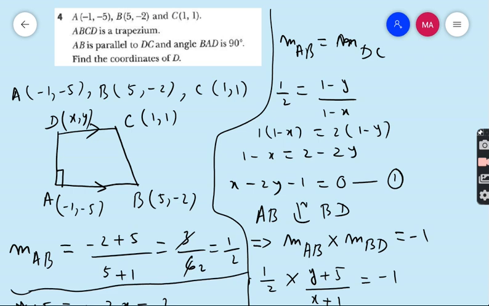So (-2 + 5) upon (5 + 1). 5 minus 2 is 3, 5 plus 1 is 6. 3 upon 6 is 1 upon 2.